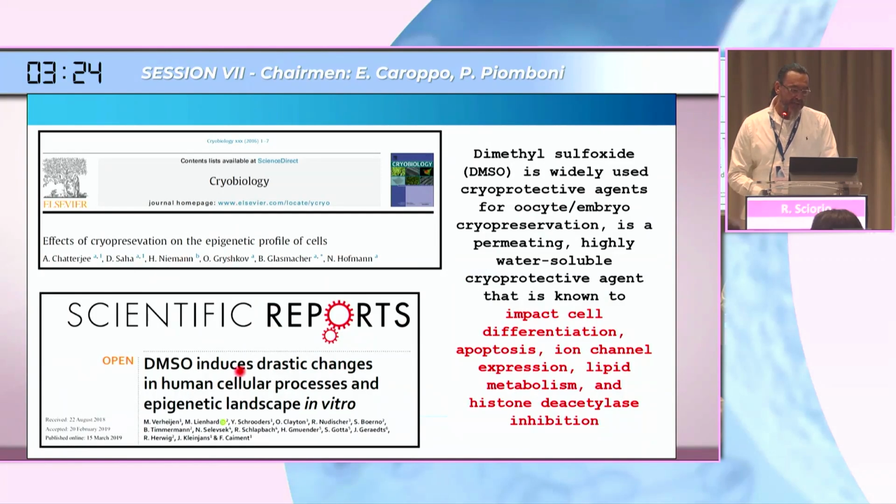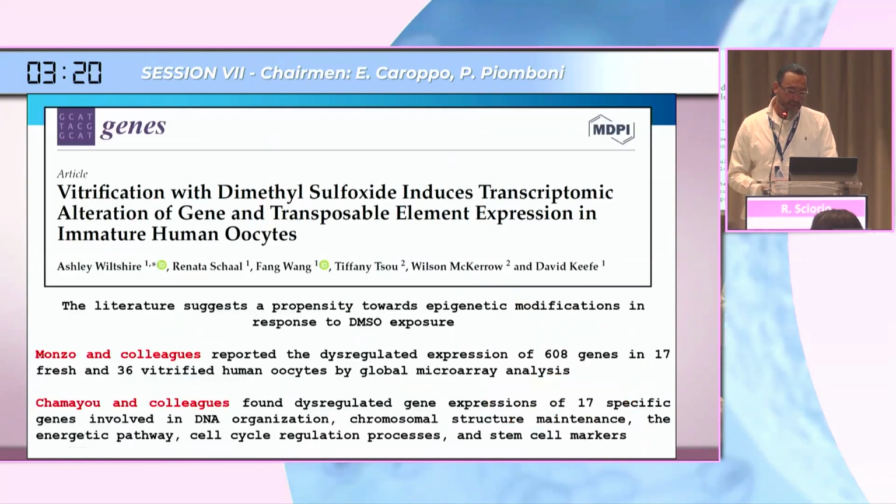There are a few studies which have investigated the effect of DMSO. These are a couple of studies here correlating vitrification with DMSO, which can cause alteration in gene expression.